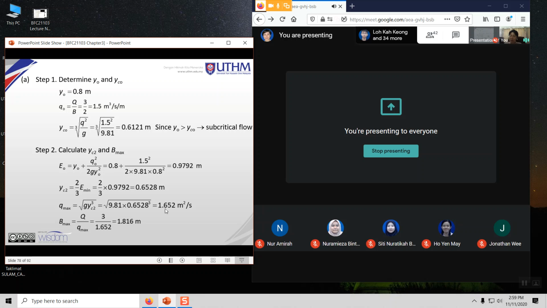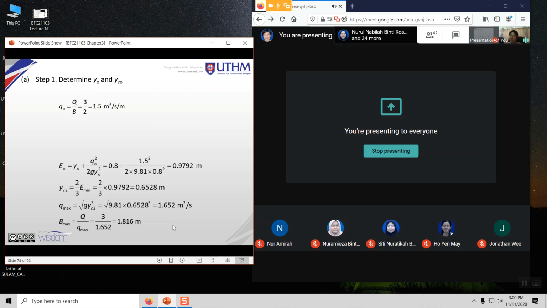Then I have 1.652 meter squared per second. The unit is the same, meter cube per second per meter is the same as meter squared per second. Then Bmax is Q over q. I just rearrange the expression. I have Bmax equal to 1.816 meter.